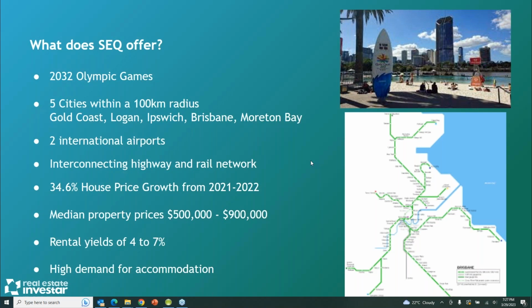Again, the world is really changing, and we're seeing international companies coming to Australia. And if you're working in the mining industry or work interstate, close to an airport is definitely a benefit.